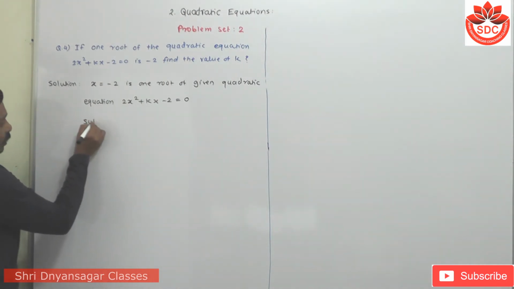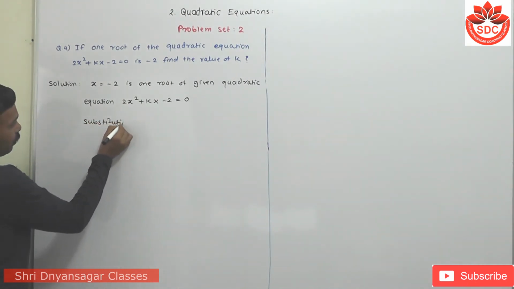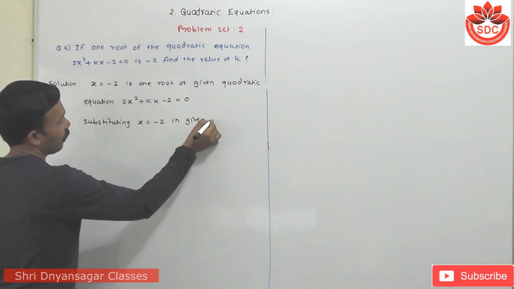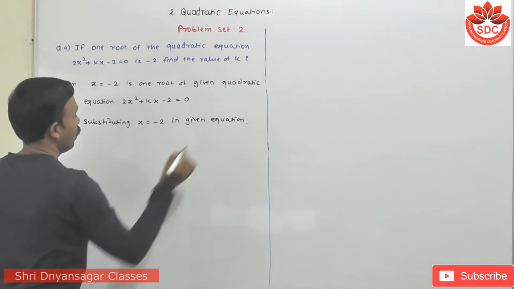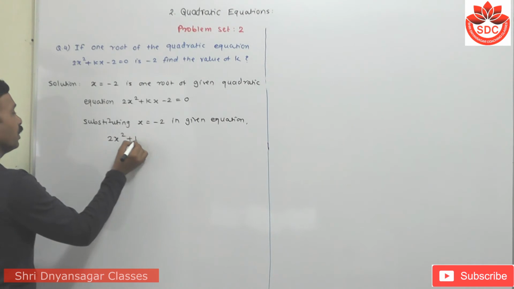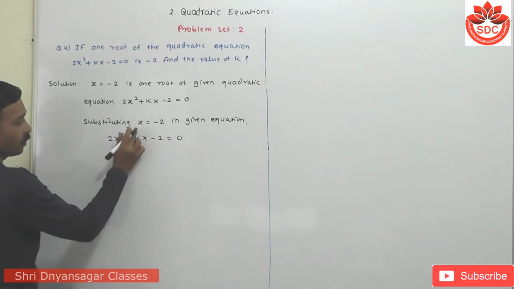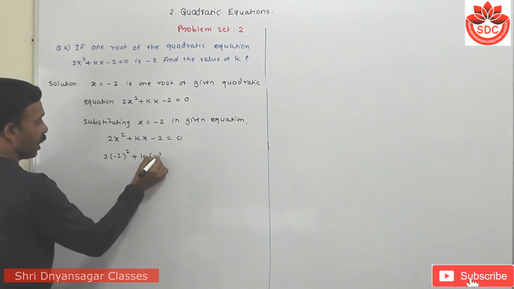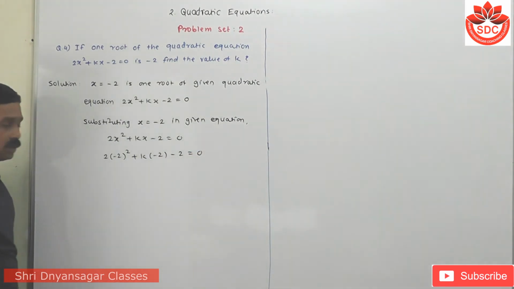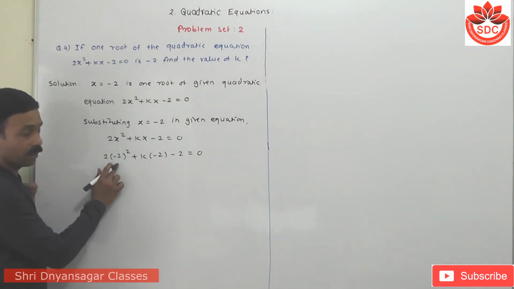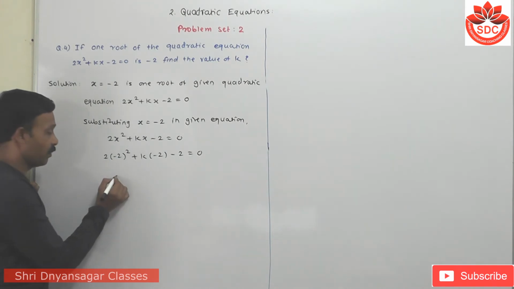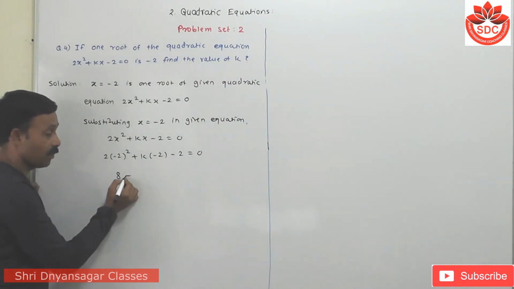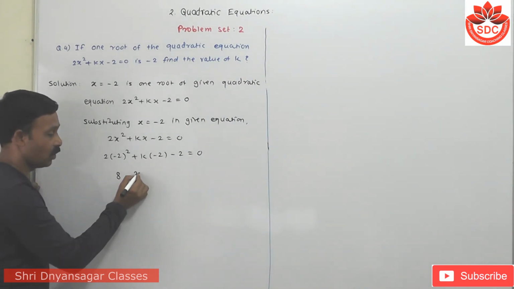Therefore, substituting x is equal to -2 in the given equation. Now the equation is 2x square plus kx minus 2 is equal to 0. Substitute the value of x as -2: 2 into (-2) square plus k into -2 is equal to 0. (-2) square is plus 4. 4 into 2 is 8, plus minus k into 2 is -2k.